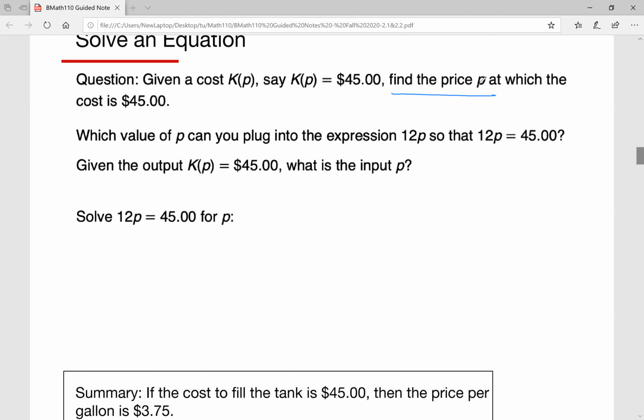So you don't know p, and k(p) is still equal to 12p, right? And you're gonna substitute this k(p) into here to get this equation.